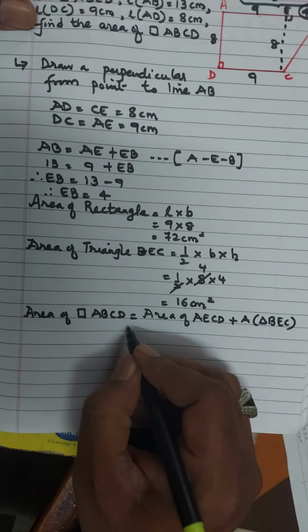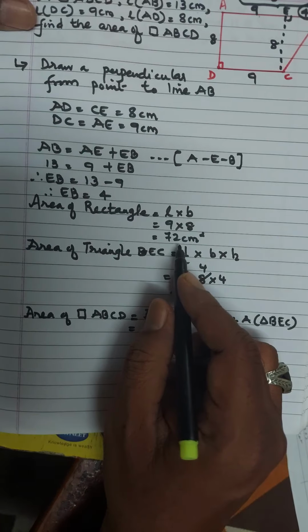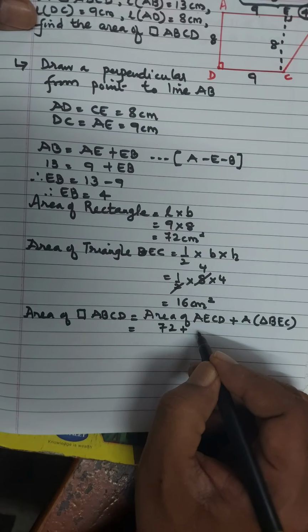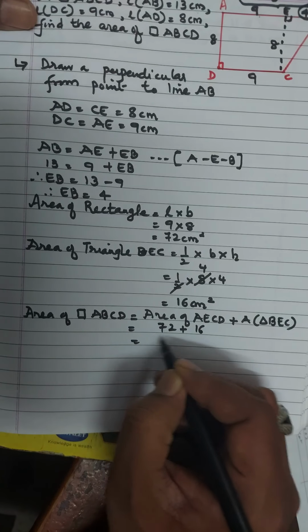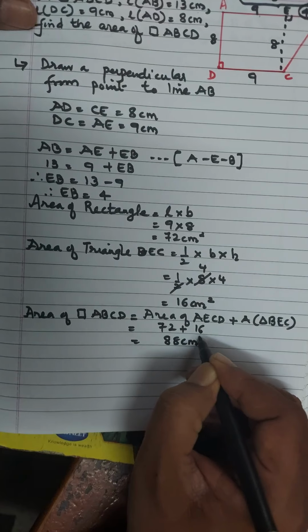Now area of AECD we got as 72, plus area of triangle BEC we got as 16. So 72 plus 16 is 88 centimeter.